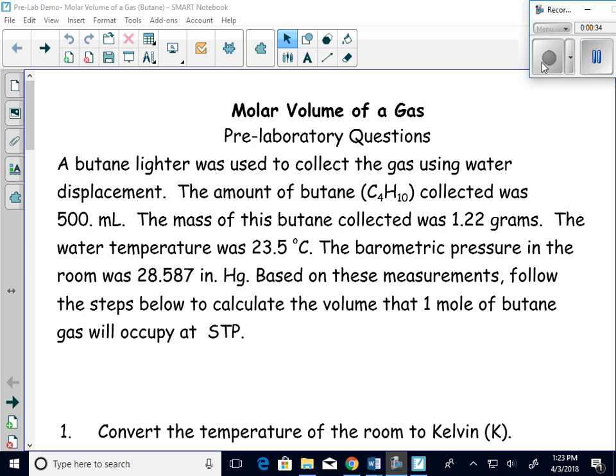If you look, based on PV equals nRT, if I have 1 mole of the gas, my gas constant is 0.0821 liters times atmosphere per mole times Kelvin.